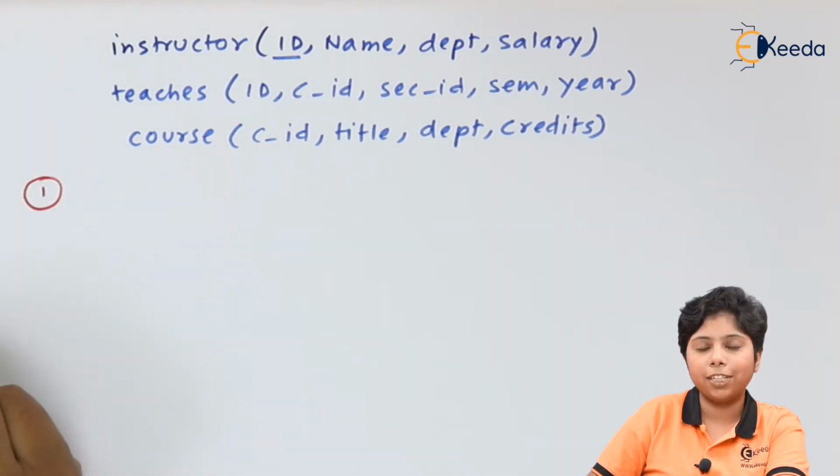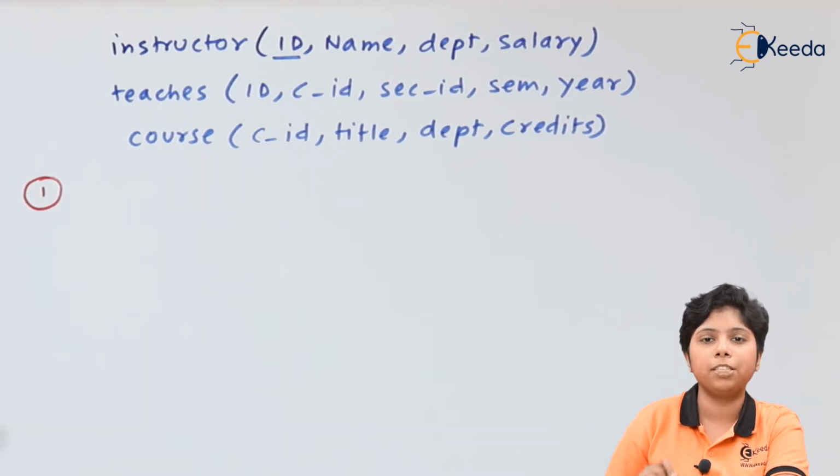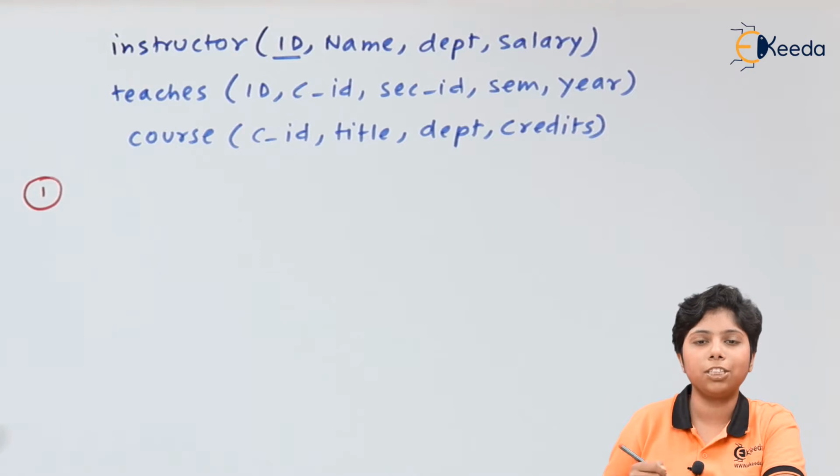Now say we want to select the name and title of instructors who teach some particular courses, from the instructor, teaches, and course relations joined with each other.